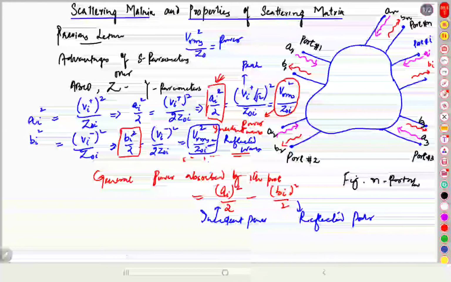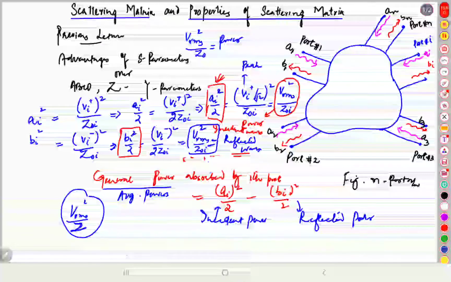So this is the average power absorbed by the ith port, as we have used the equation of Vrms square by R, Vrms square by impedance in general, which corresponds to the average power.